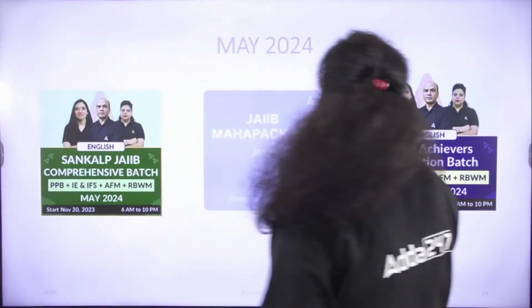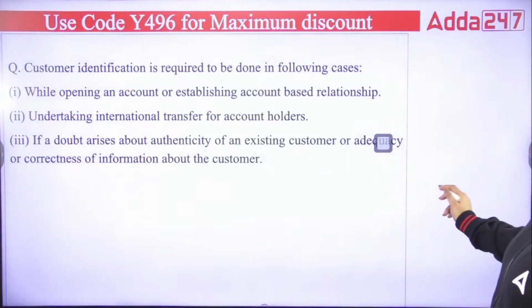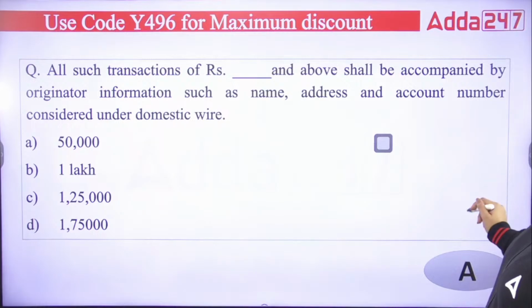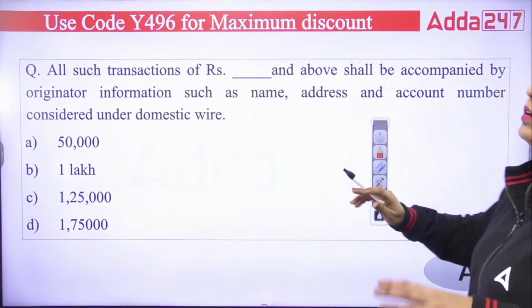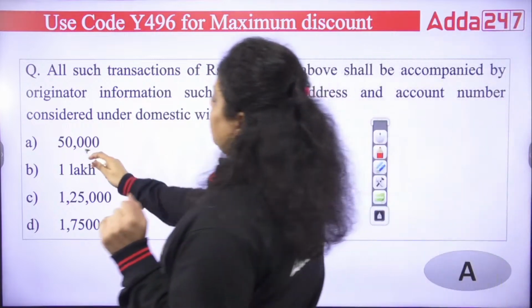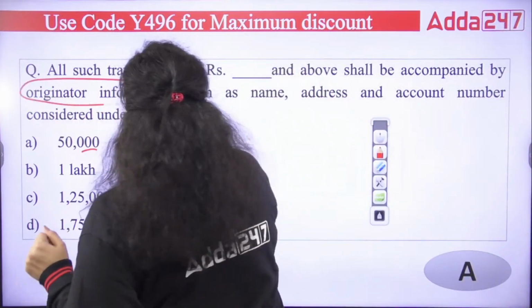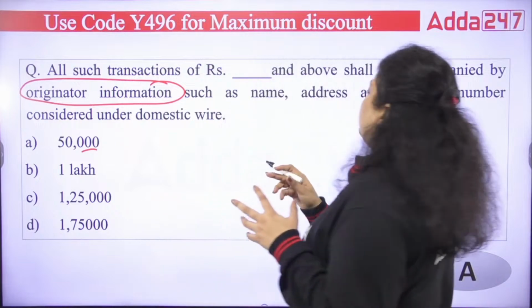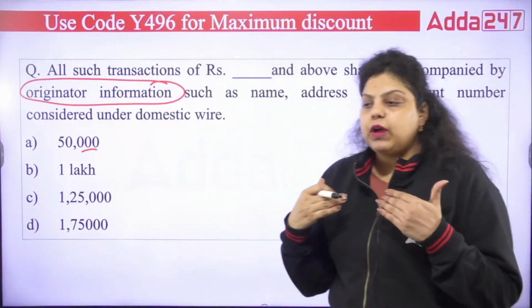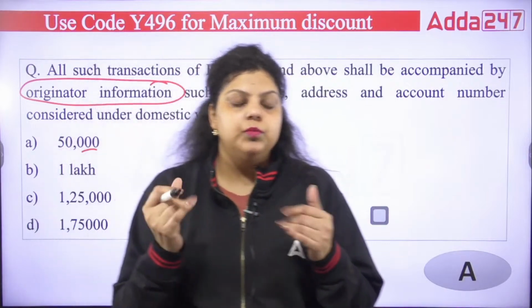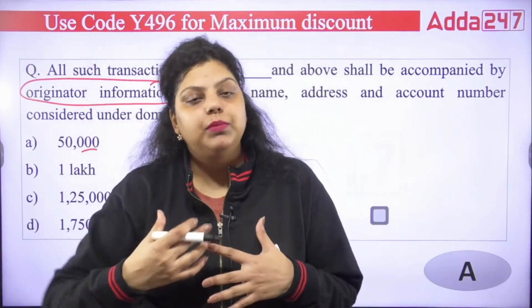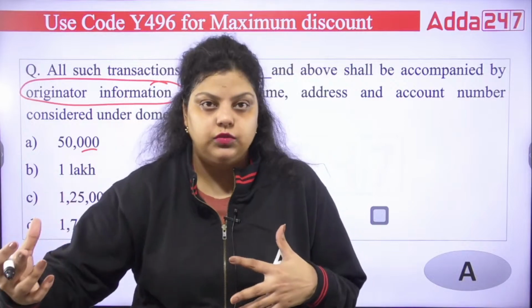The last one, the 50,000 one. This question is asking about all such transactions of the amount 50,000 and above, which need originator information. It means, let's say, if I am transferring funds from my account to another account, in that situation I am the person originating that transfer.